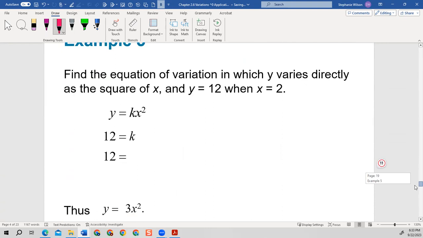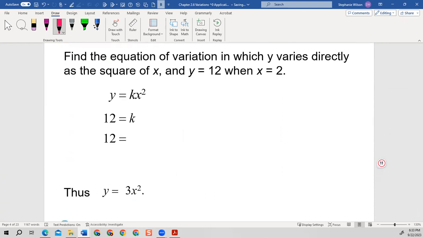Example 5 says, find the equation of this variation in which y varies directly as the square of x and y is 12 and x is 2. So what we're going to do is just plug in what we know here. Y is 12, k times x squared, oh, 2 squared. Let me erase this. I was going to write x down.